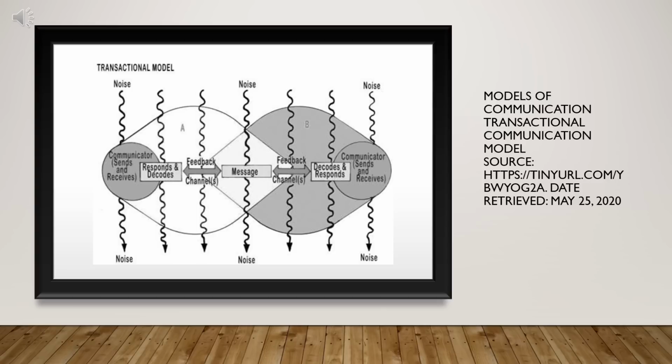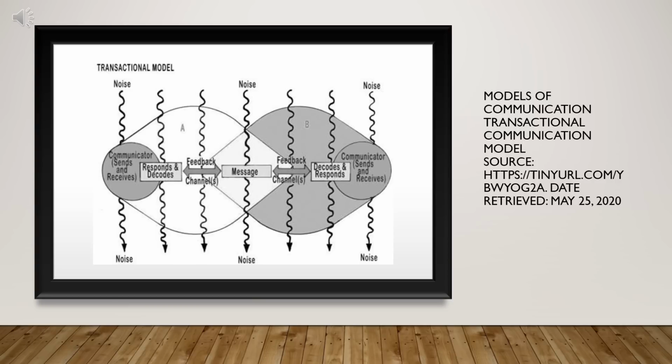As I said earlier, you have the speaker who is sending a message to the receiver. As the sender sends the message, there's a possibility that there's noise or a barrier.